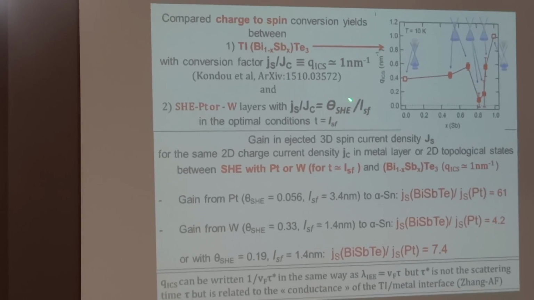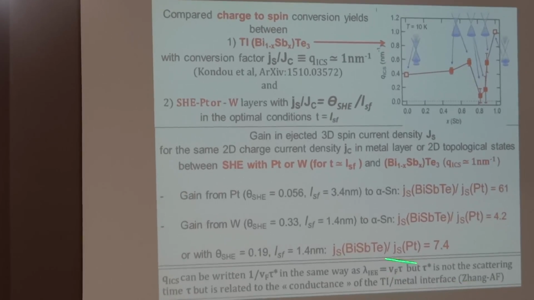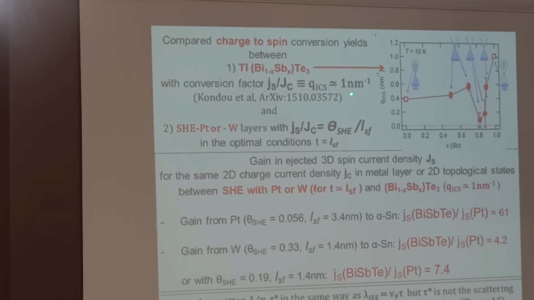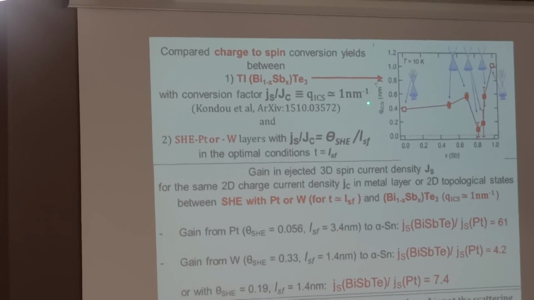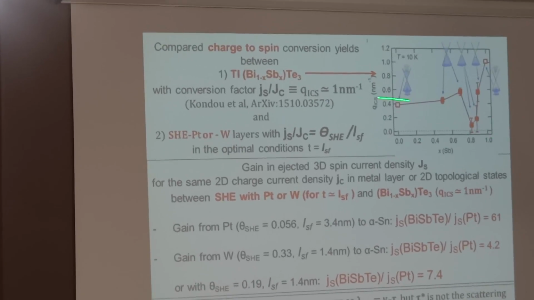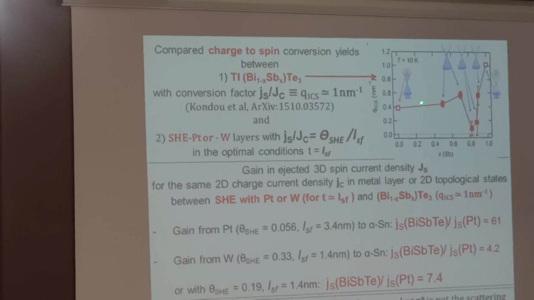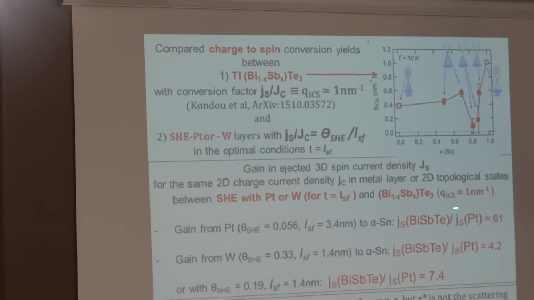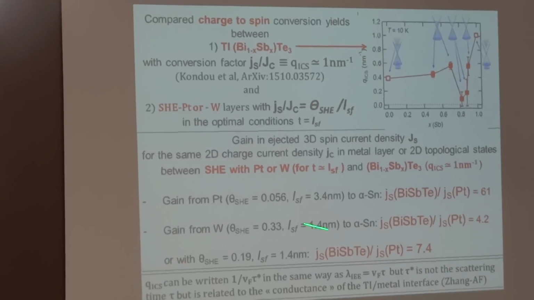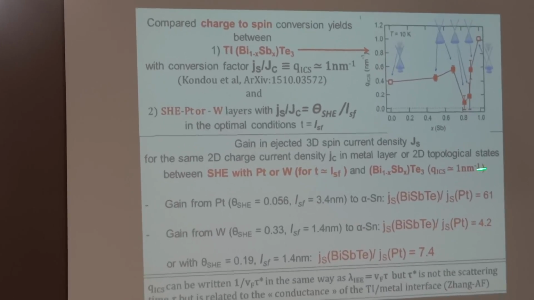And if one considers also the inverse effect, that is characterized by this coefficient Q. You can see values of Q around 1 nanometer to the minus 1, according to the group of Otani, paper by Fukumoto. Then again, if one compares the efficiency for the opposite conversion, one also obtains relatively large factors.